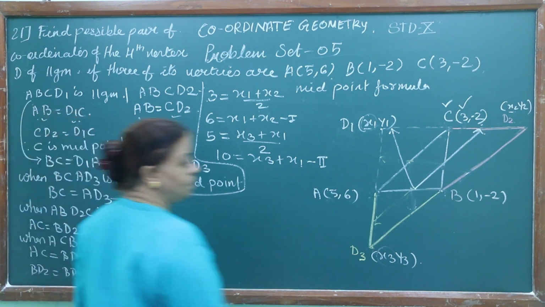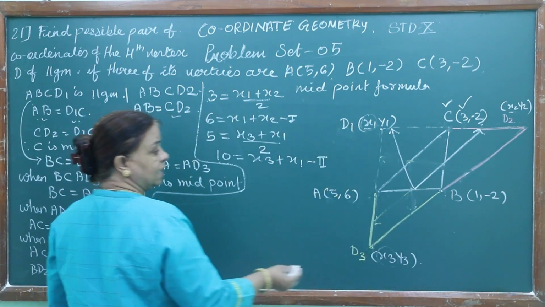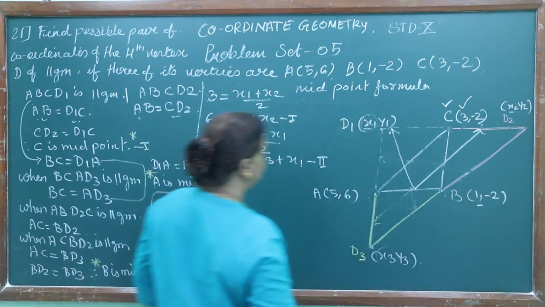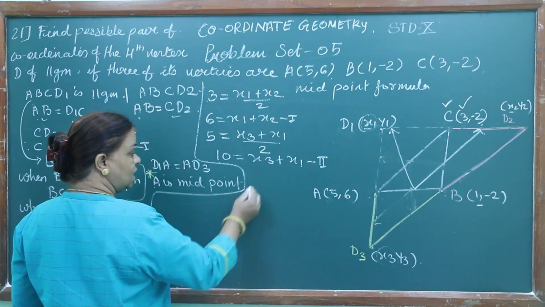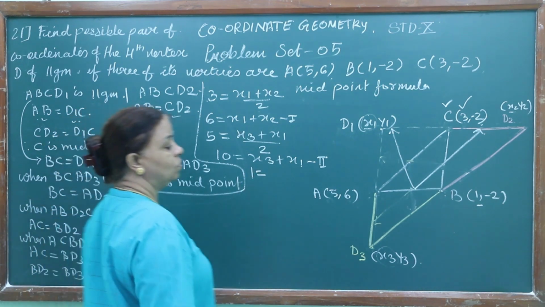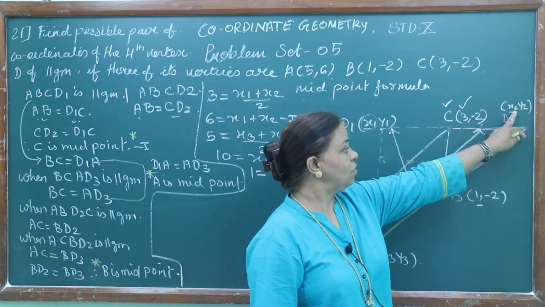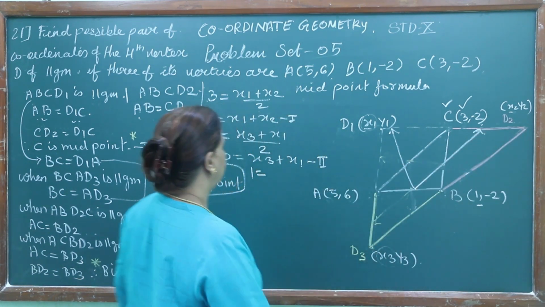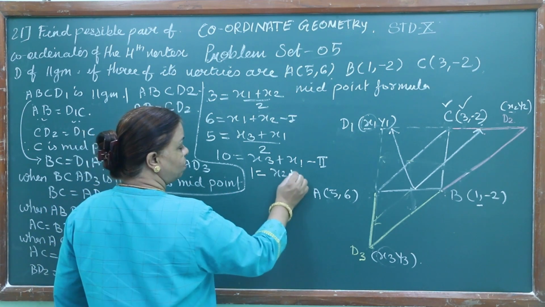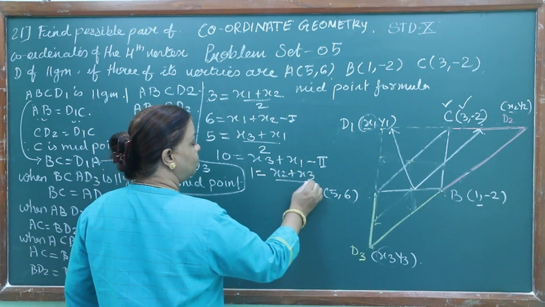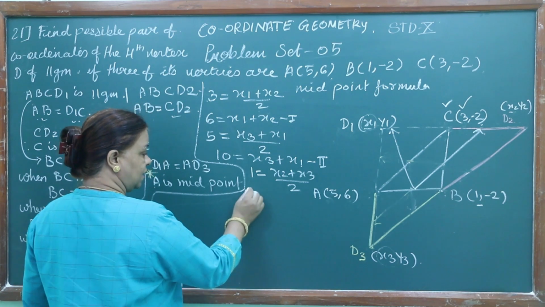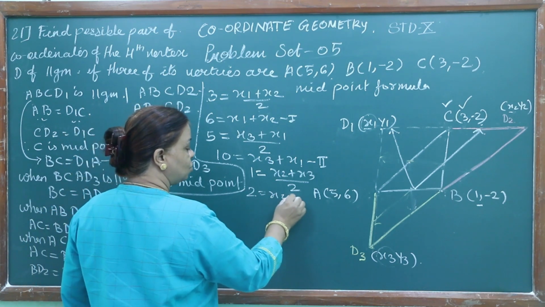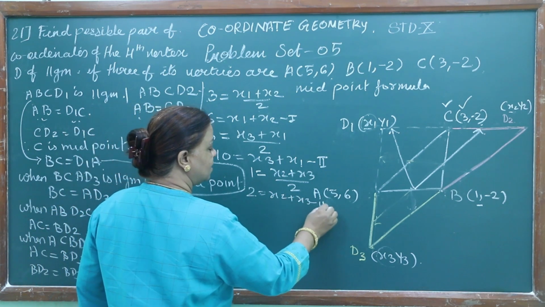Now if B is the midpoint, children, the x coordinate of B, that is 1, will be equal to the x coordinate of D2 plus the x coordinate of D3 upon 2. That is going to be (x2 plus x3) upon 2. 2 will go here. That would be 2 is equal to x2 plus x3. This is the third one.